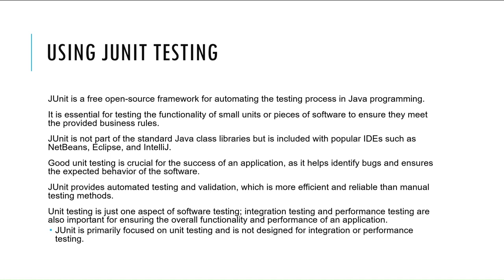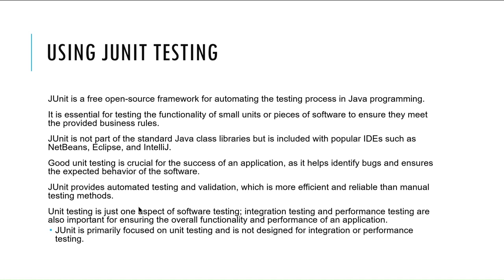Good unit testing is crucial for the success of an application, as it helps identify bugs to ensure the expected behavior of the software. JUnit provides automated testing and validation, which is more efficient and reliable than manual testing methods.